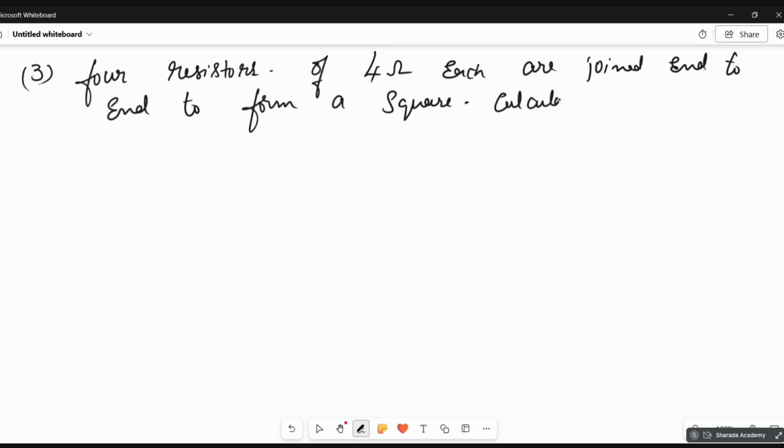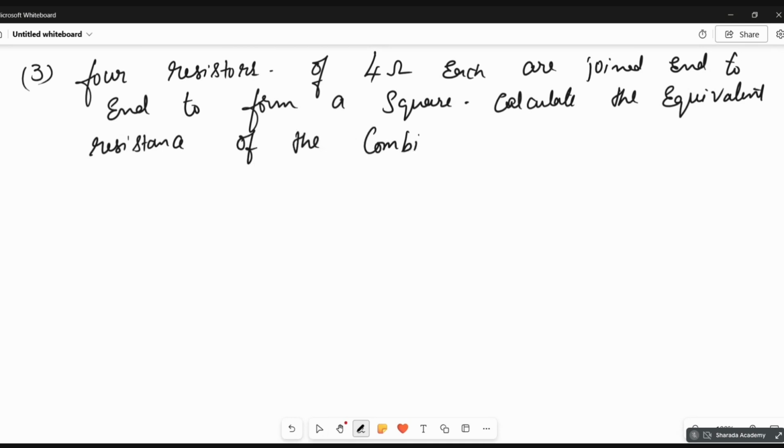Calculate the equivalent resistance of the combination between two adjacent corners.